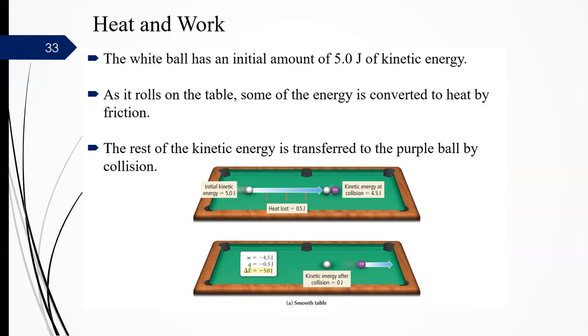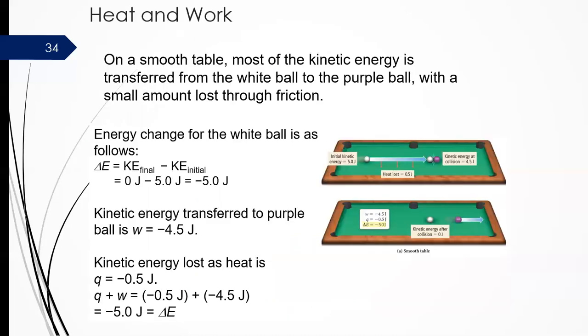When we first hit the white ball, we're giving it some amount of kinetic energy. Let's say we're giving it 5 joules of kinetic energy. We lose some of that energy to the friction, and then when it collides with that purple ball, we could say that we transferred the rest over. So if we look at the exchange of that system, the delta E is going to be the final energy of that white ball minus its initial.